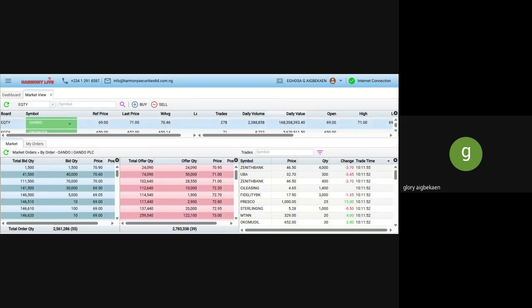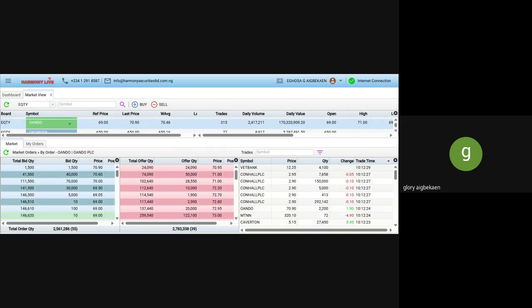So this is the market trading. The session is on. What we are seeing now is the trades coming in this morning. The other table now is for Ohano that I am viewing.